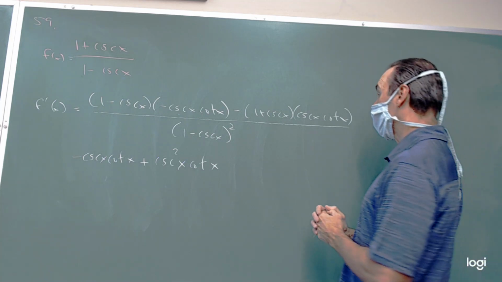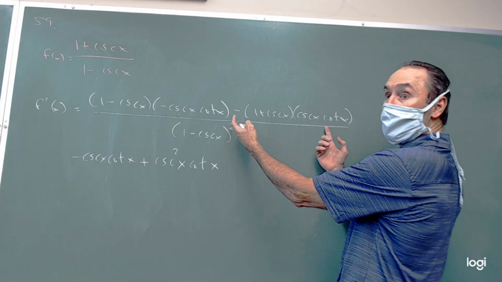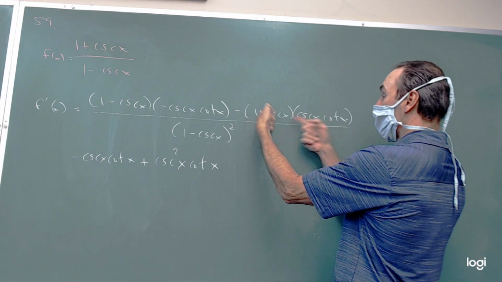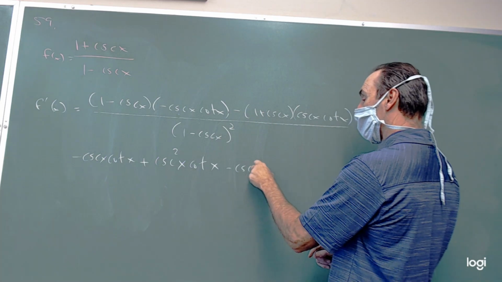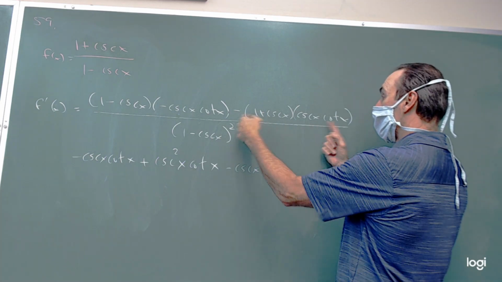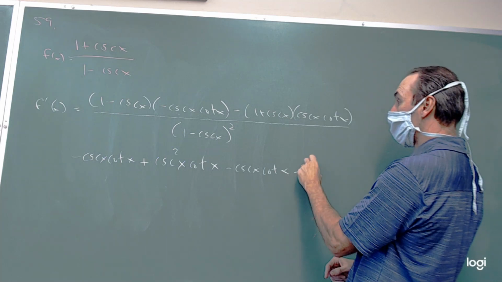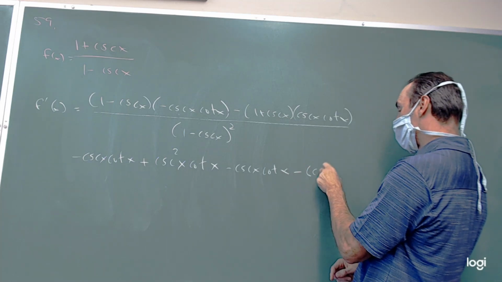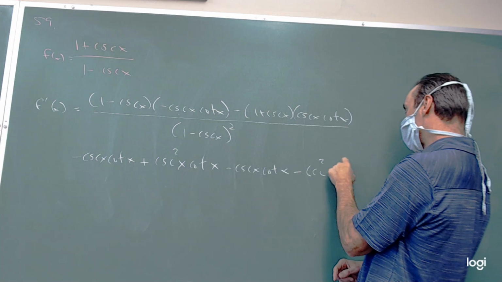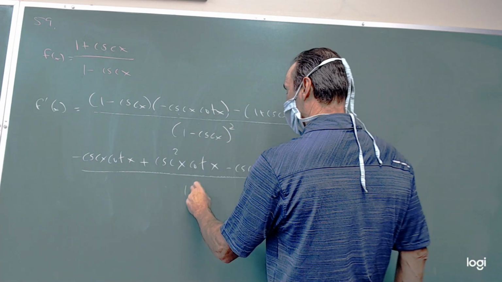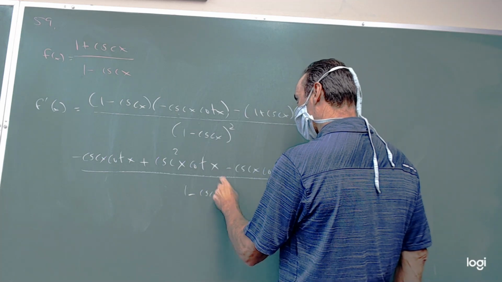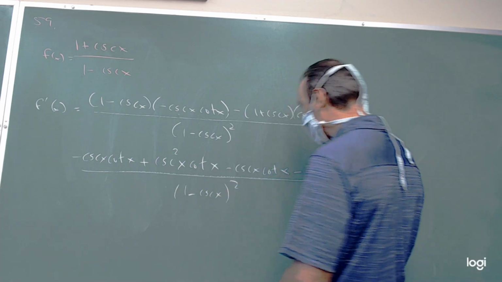Okay. And we're going to do a double distribution here, the negative and the cosecant cotangent. So that would be a negative cosecant x cotangent x, and then a negative cosecant squared x cotangent x, still all over 1 minus cosecant x squared.